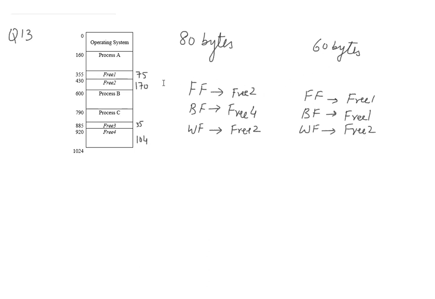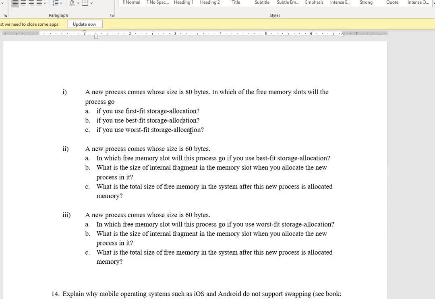For 60 bytes, the first fit will be 75, the best fit is also 75, and the worst fit is free 2, which is the biggest memory size. So that was part A.